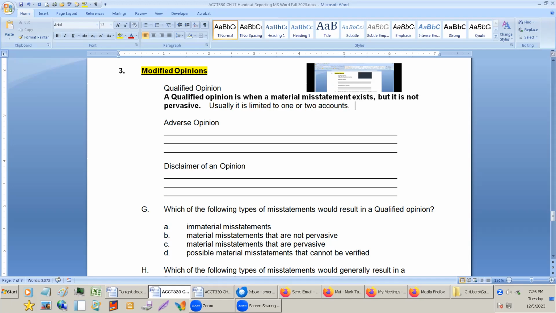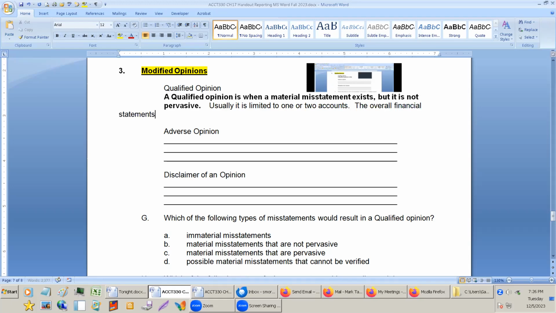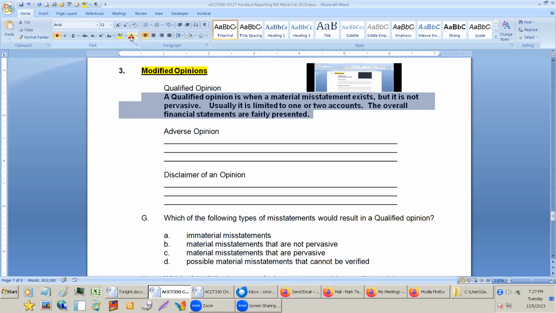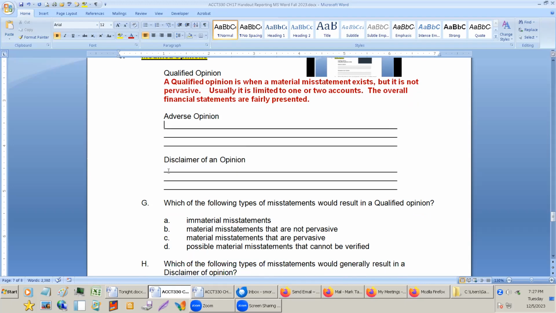And the financial statements are generally considered fairly presented. I think we talked about these before. I'm positive we did, probably early on though.